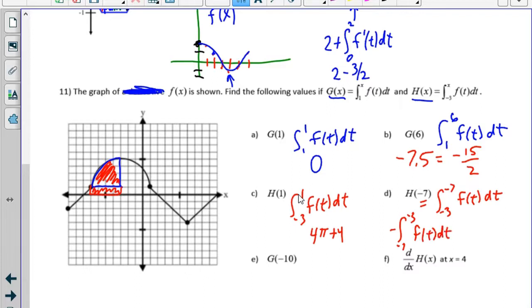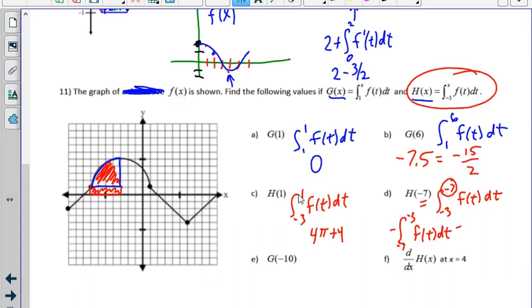Because notice that when we have this function, the integral from negative 3 to x, when I put x in, I actually have the smaller number, quote unquote. The number that's further to the left is on top. So I have to use my integral rules, and notice that it's the negative of the integral from negative 7 to negative 3.